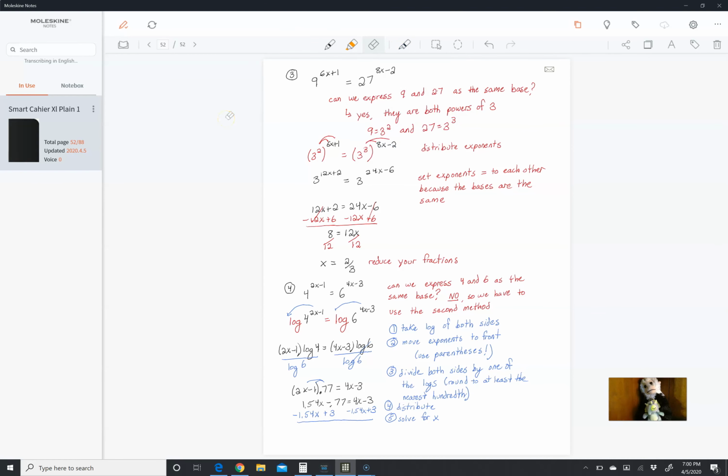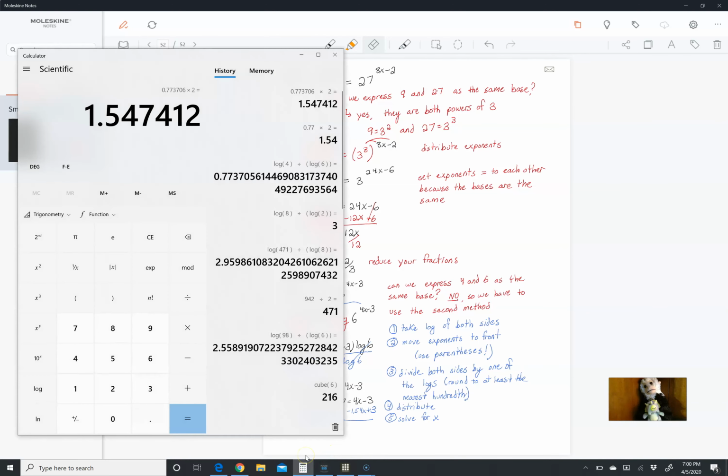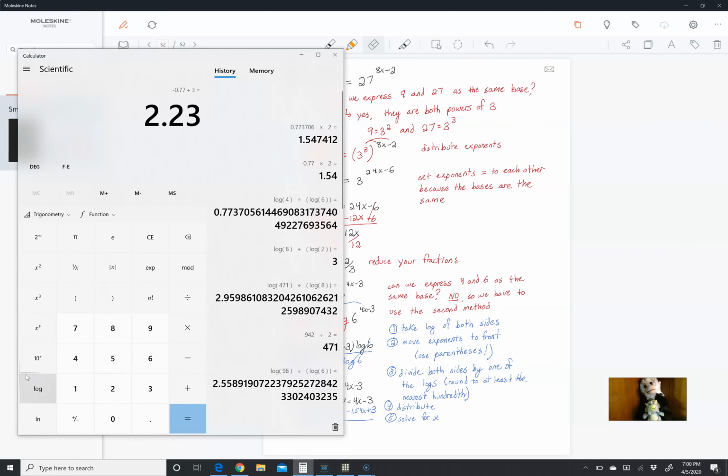So what we have here is -0.77 plus 3. I'm using the calculator just because I want to make sure I don't make any mistakes. Sometimes it's been a long day. So on this calculator, you type in the number first, and then you put the plus or minus, so -0.77 plus 3 is equal to 2.23.